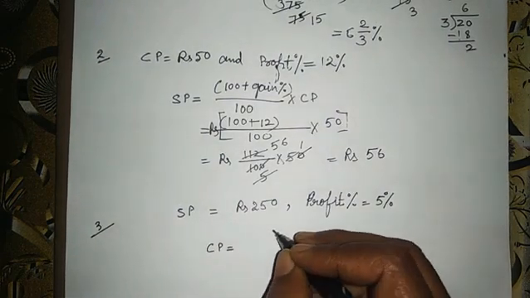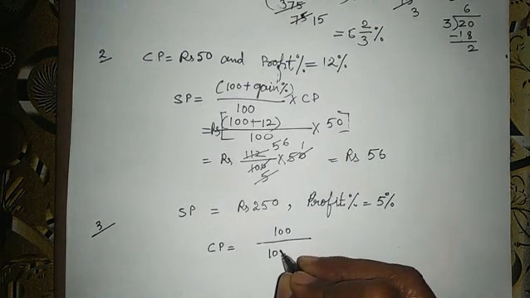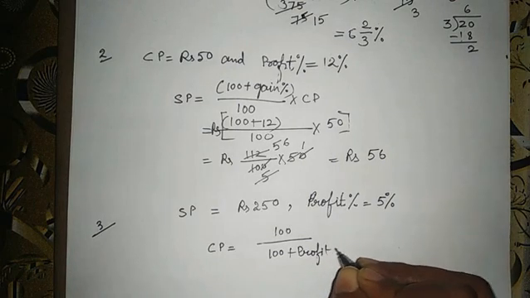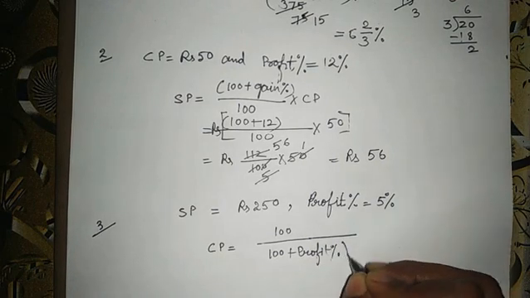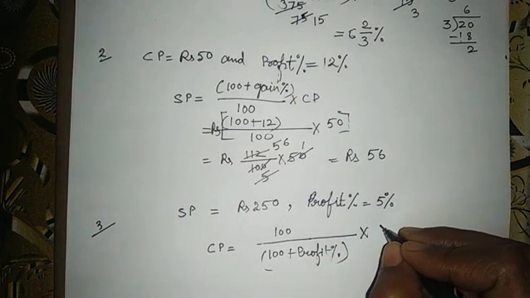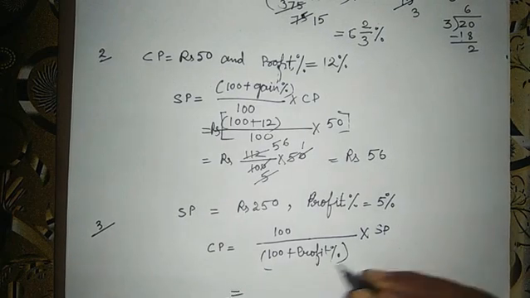For this, the formula will be 100 upon 100 plus profit percent. Okay, and here now we will multiply it by SP. Okay, now put the values.